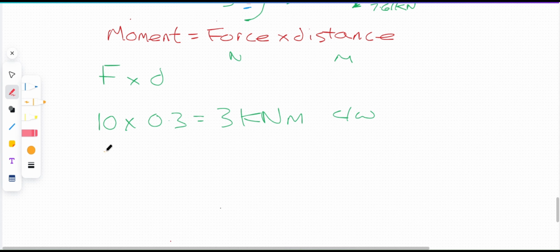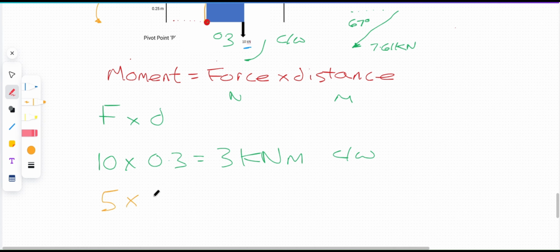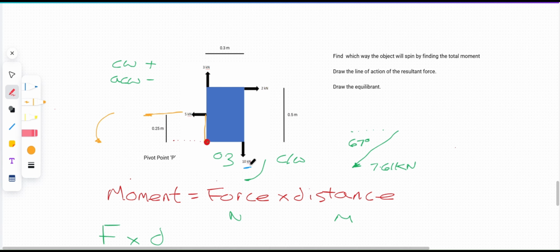So 5 is the force times the distance to the pivot point, which was 0.25, which gives me 1.25 kilonewton meters. It's going anti-clockwise, so I put a minus in front of it. It's going the other way, isn't it? That 5 is going to make this thing spin that way about that red dot.